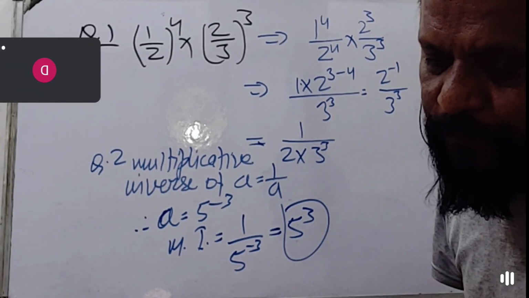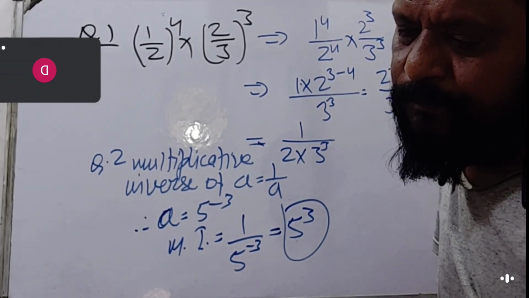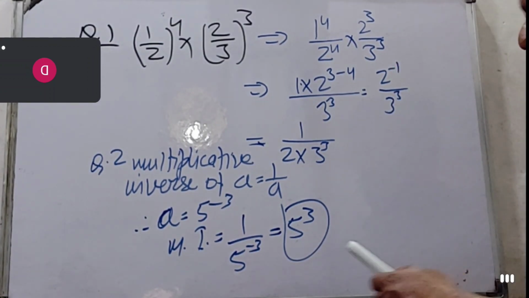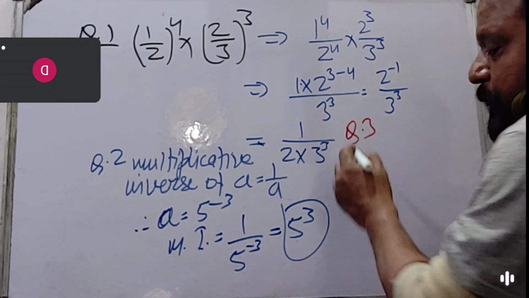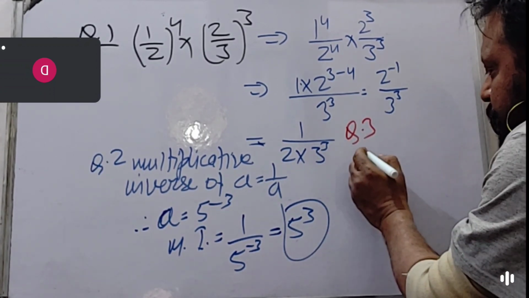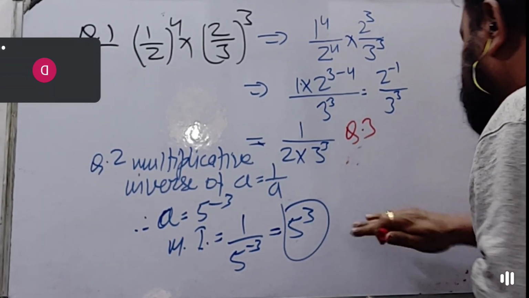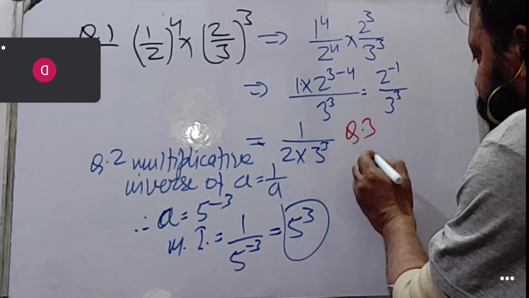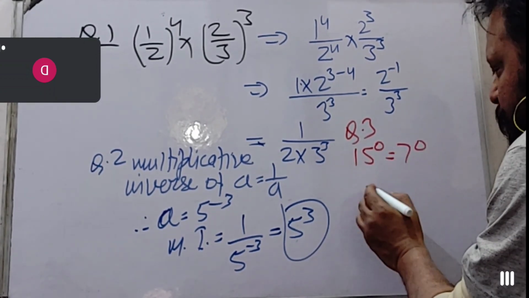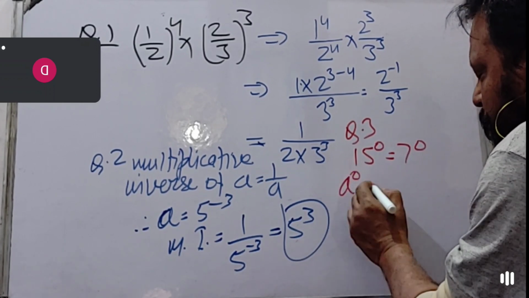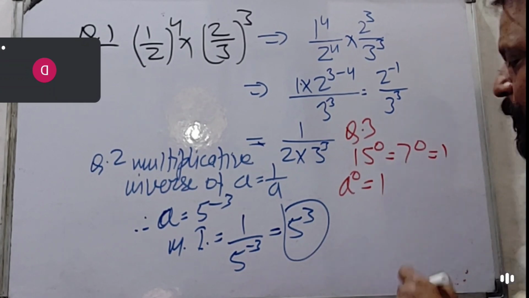Then which of the following is true? For question number 3, it's 15 raised to the power 0 is equal to 7 raised to the power 0. So a raised to the power 0 is equal to 1. So therefore it is 1, right?